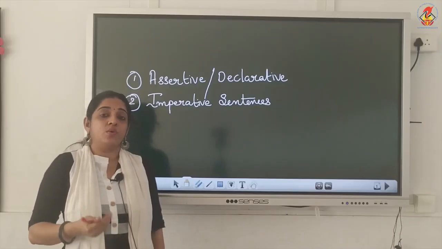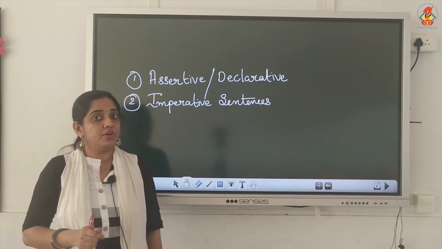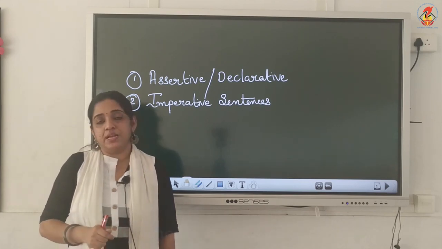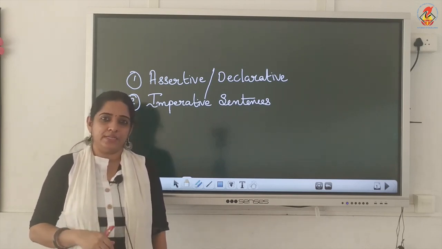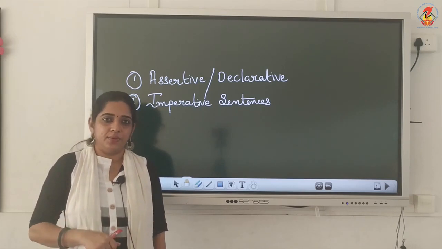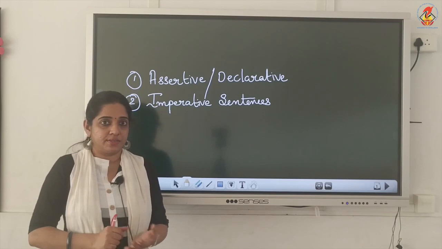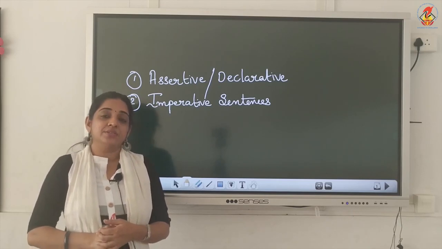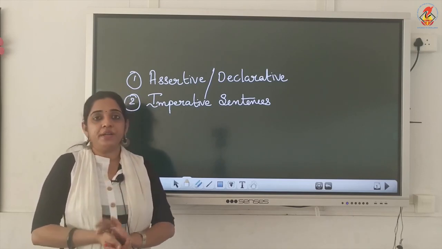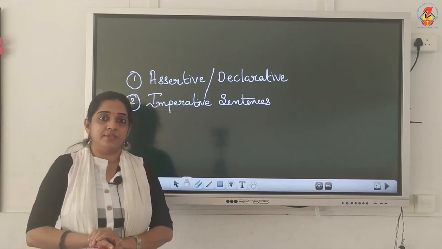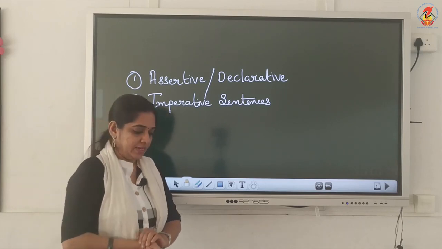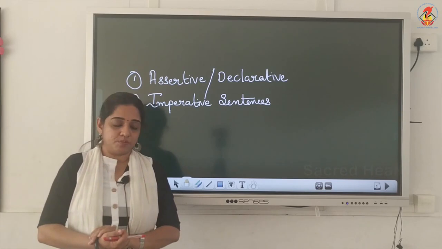Then requesting something is also imperative, just like please keep quiet, please stand in a queue, please use a mask when you travel. It is happening nowadays, is it? So imperative means commands or requests.